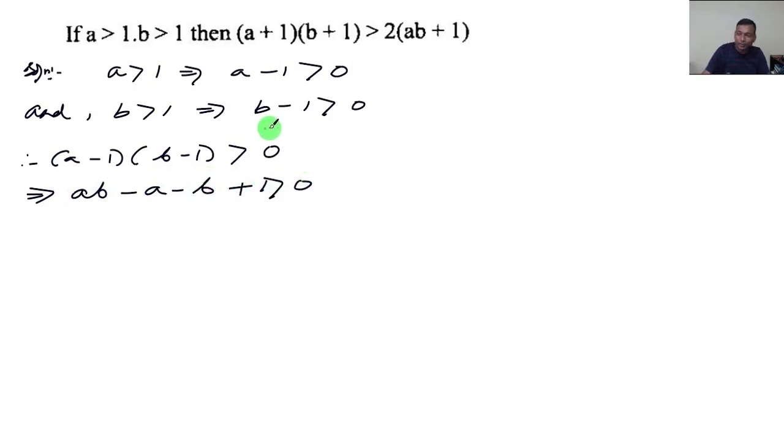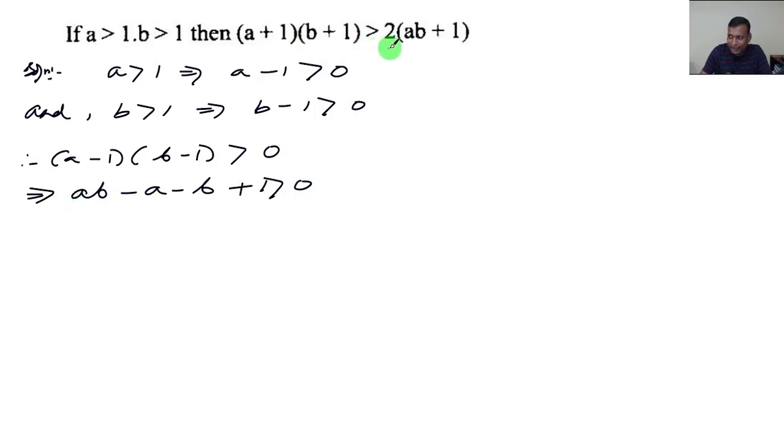While solving this, we have to keep our eye on what we have to prove. You write here and keep your eye here. You subtract or add whatever you want to do, but we have to get a plus 1 and b plus 1. Here it's 2ab and here it's ab, so I'll just add ab here.